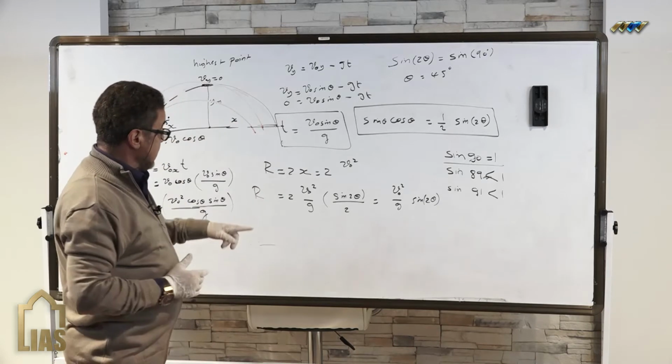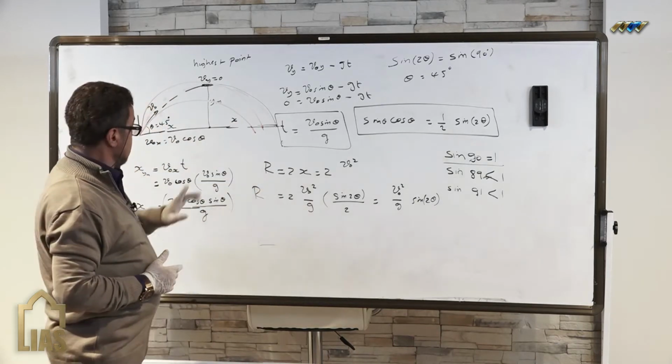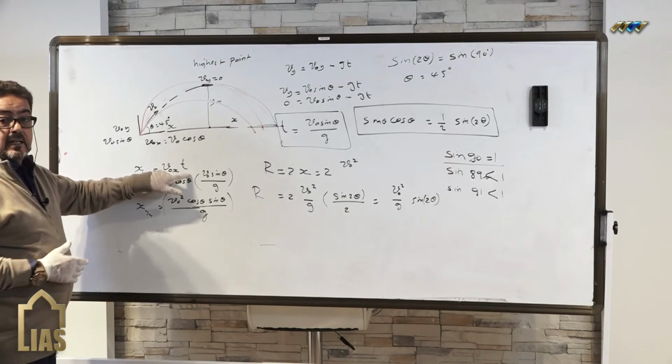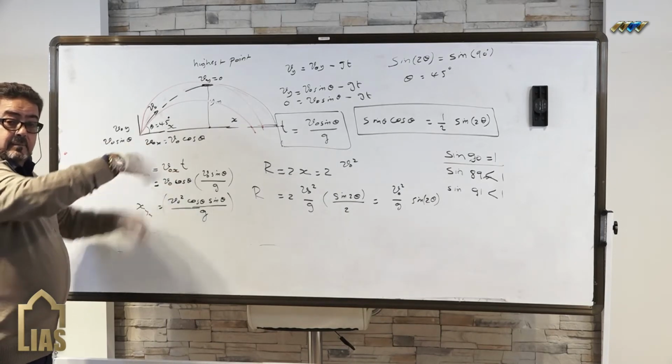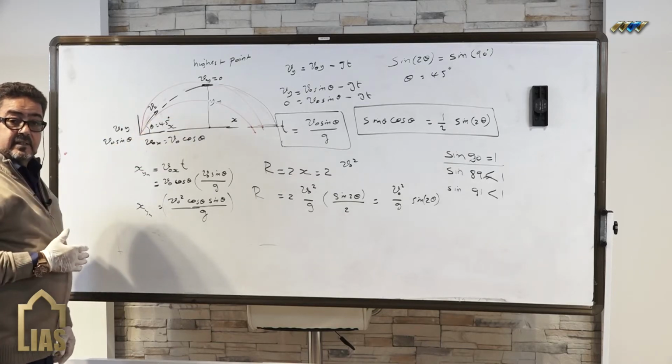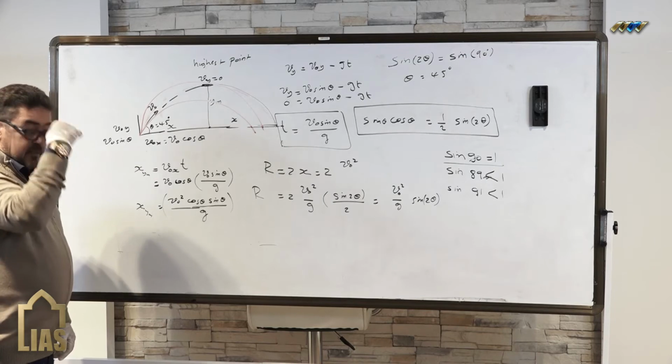This applies for x: x is v0x t, with nothing to do with the plus half of acceleration times t square, because a is 0.